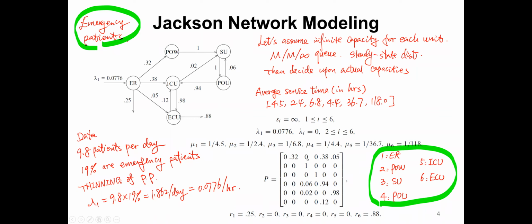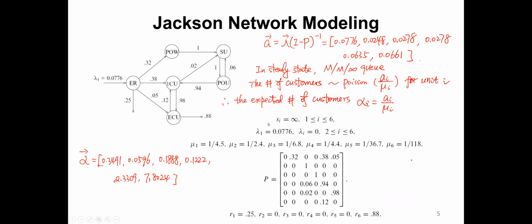Now we have the Jackson network established, with all the values: the servers, the external arrival rate, the service rate, the transition matrix, and the exit probability to the outside, R. Since we have all these values, we can derive the arrival rate to a particular unit, meaning external arrival rate and arrival rate from other units.